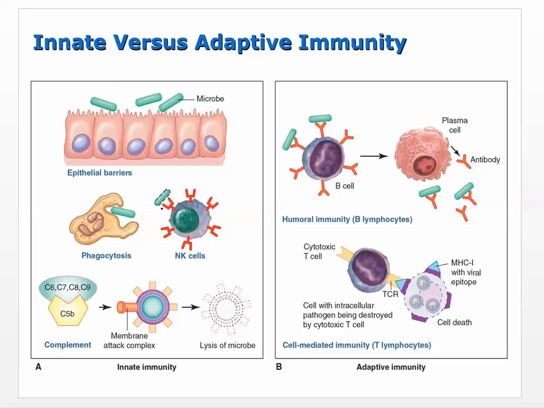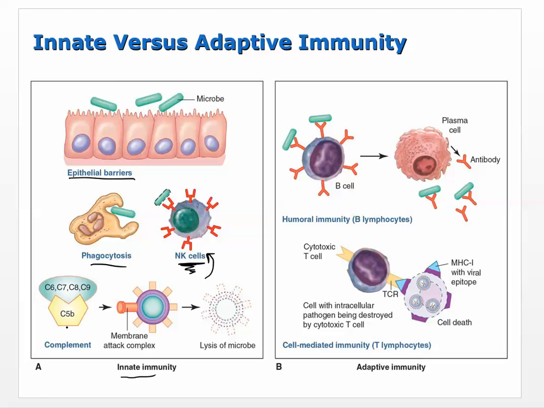Okay, so here's kind of a picture. This'll actually make a little more sense, but epithelial barriers, we already talked about those. Phagocytosis, natural killer cells, we'll discuss those a little bit more as well. But these are all innate, and the biggest thing to remember is that natural killer cells, even though they're the lymphoid cell line, they're part of the innate immunity.